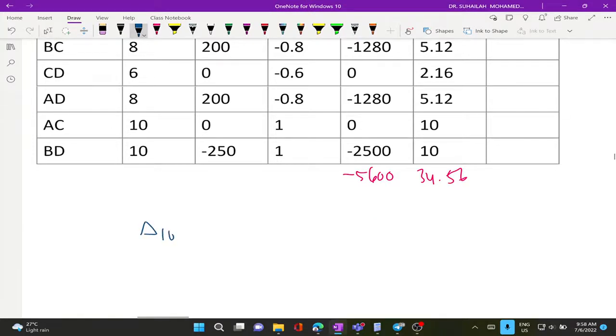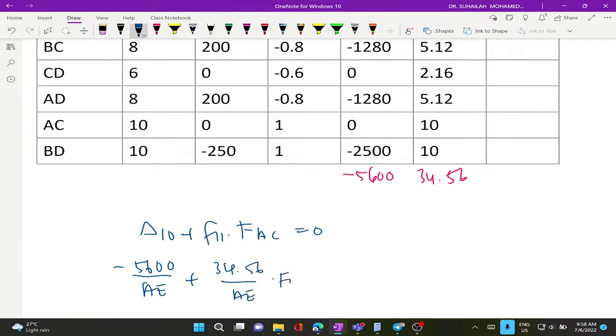So we have to substitute this into the compatibility equation: delta 1 naught plus F11 times FAC is equal to 0. So negative 5600 over AE plus 34.56 over AE times FAC equals 0.